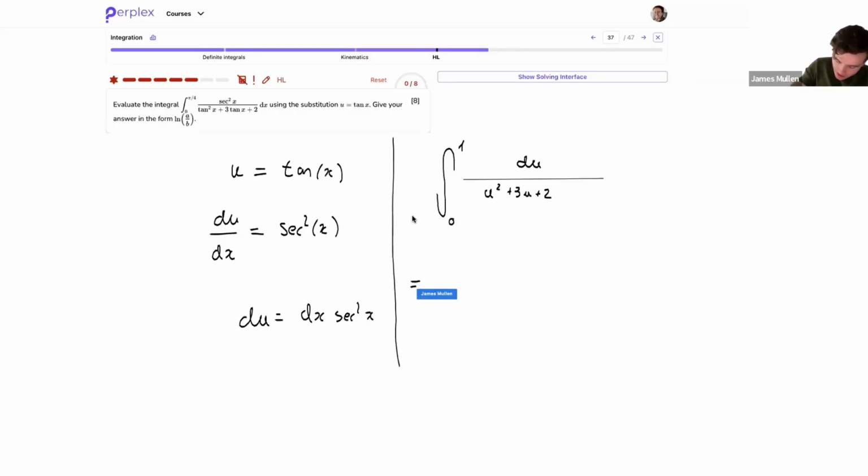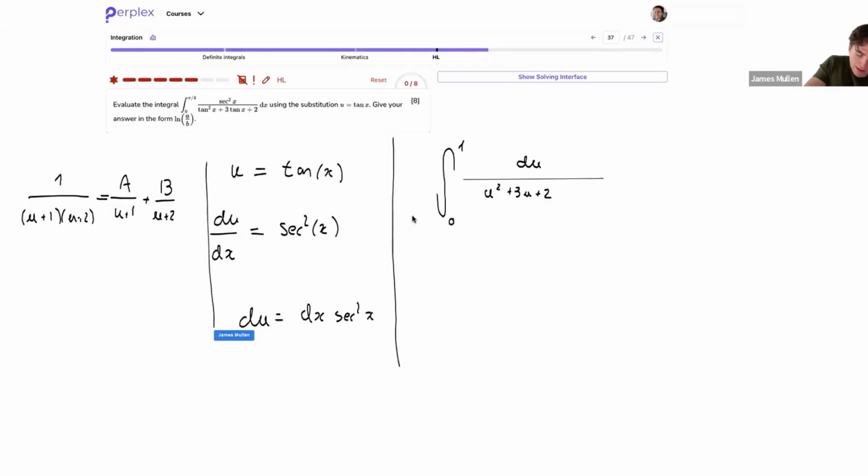Now, maybe I'll do this on the left-hand side. I recognize that my denominator can be factored as u plus 1 times u plus 2. So I'm looking for something of the form a over u plus 1 plus b over u plus 2. If I were to expand that, I would get a times u plus 2 plus b times u plus 1, over u plus 1, u plus 2.